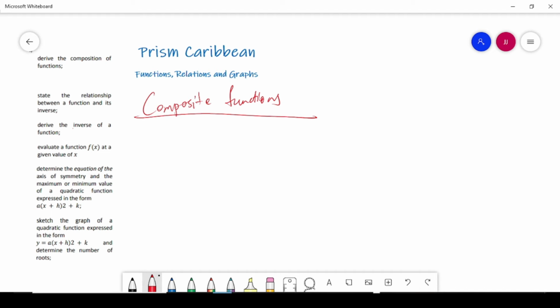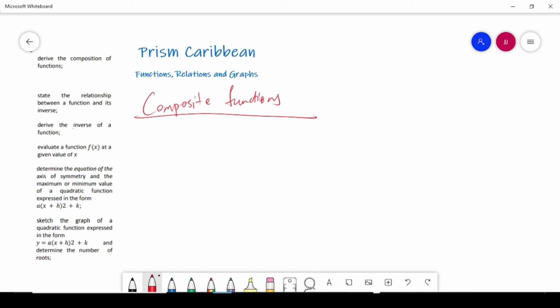So a composite function has many forms, right? And it is quite important that we know how to identify a composite function, for not only exam purposes but general purposes when practicing questions.